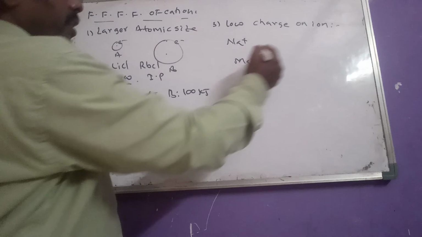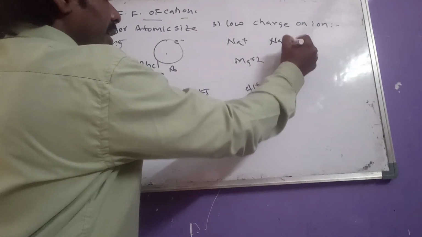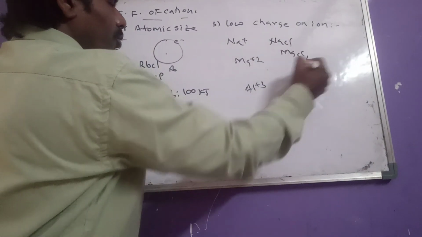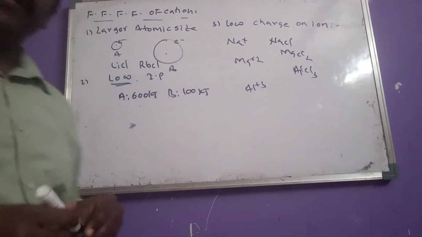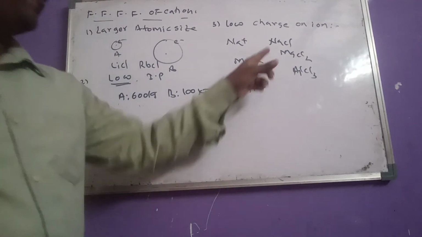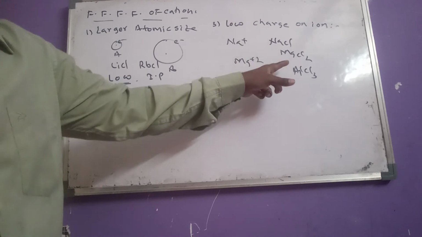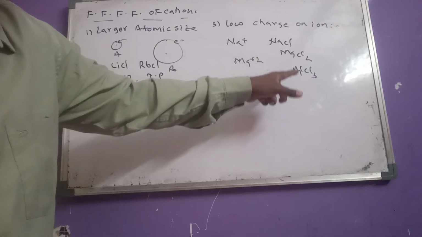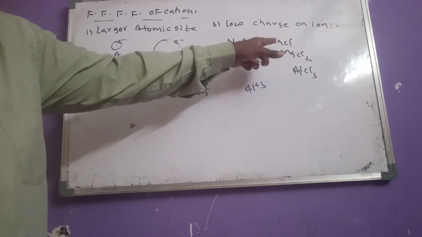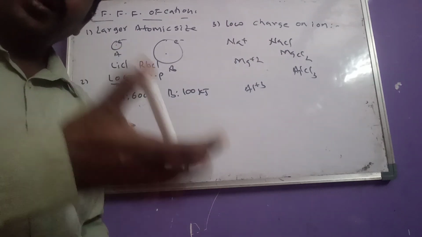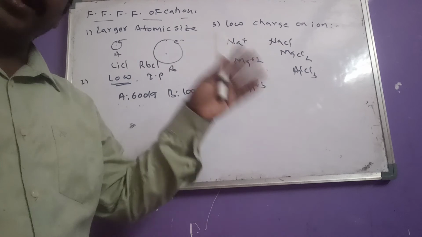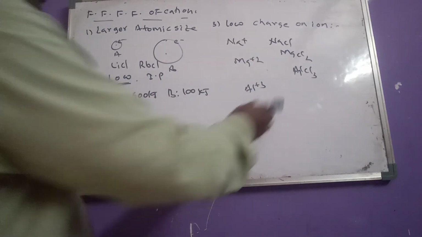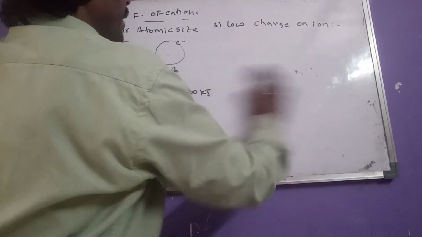So the question here: NaCl, MgCl2, AlCl3, which is more ionic in nature? As Na+ is formed easily compared with Mg+2 and Al+3, NaCl has high ionic character, and AlCl3 has high covalent nature. So this is the third favorable factor.